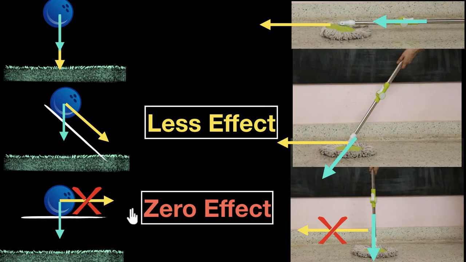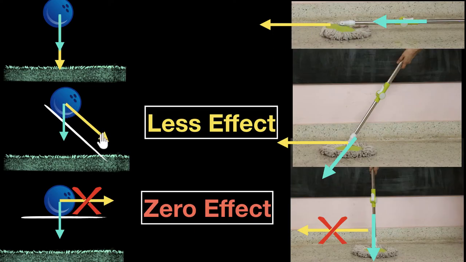So if you put it all together, what do we understand? First of all, we see that forces can have effects in other direction as well. But what's important is that as the angle between the force and the motion increases, the effect starts reducing. You see, the effect is maximum when the force and the motion are in line with each other.